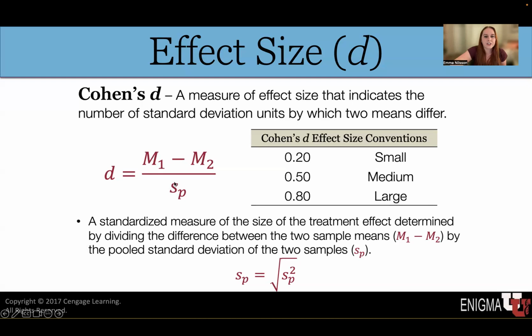And then the pooled standard deviation, which is just the square root of the pooled variance, is used to estimate the population standard deviation. So that's what our formula looks like. And here are the size conventions for you to look at your leisure.